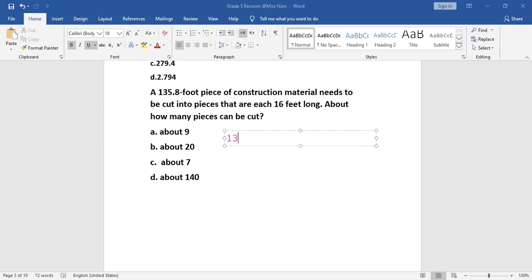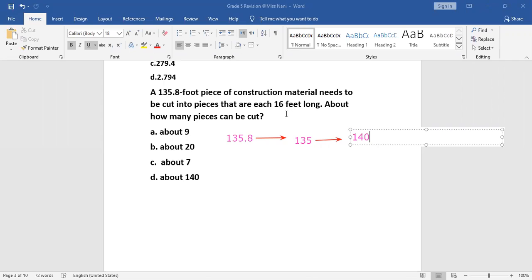So the first step, if I have 135.8, to round it, I will round here it will be 135. So if I want to round 135 one more time, it will be, of course, 140.